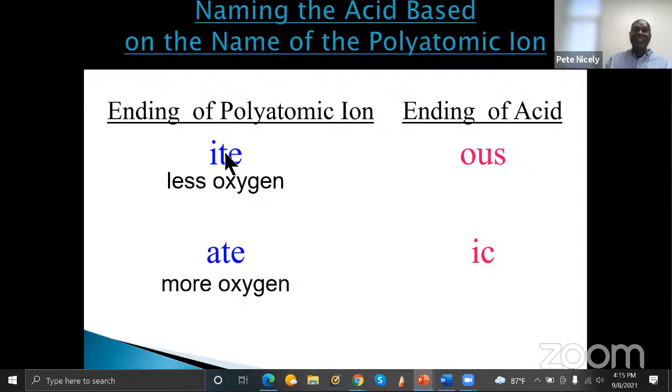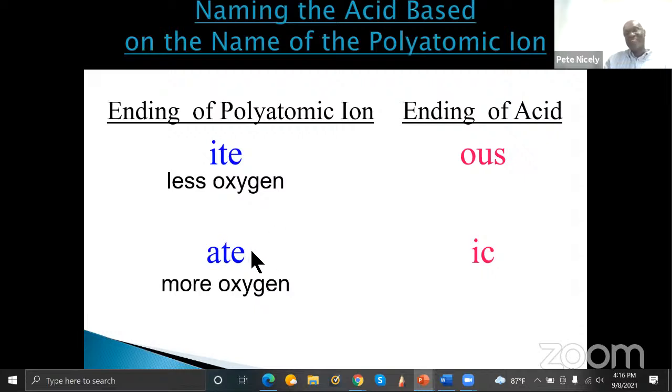And what is mentioned here is the relationship between these two. I don't remember if I mentioned this, or maybe I'm thinking of another class I'm teaching, but the difference between ITE and ATE is that the ATE ion will have one more oxygen compared to the ion which has the name ending with ITE, all right?